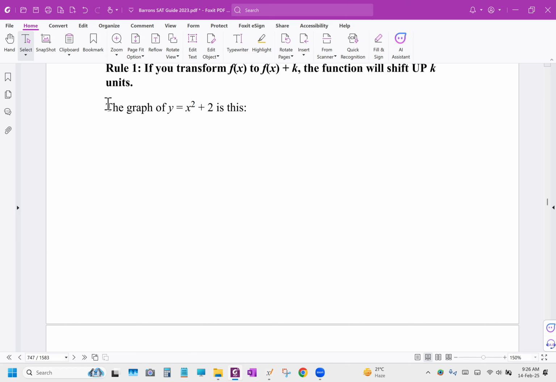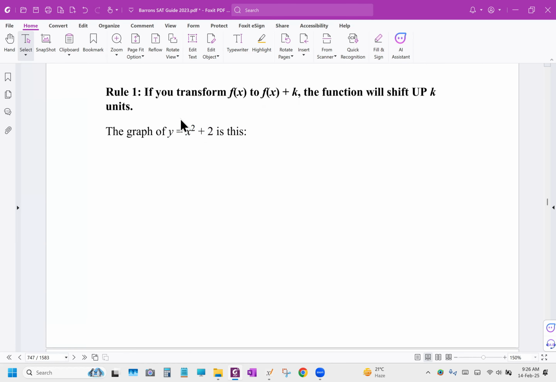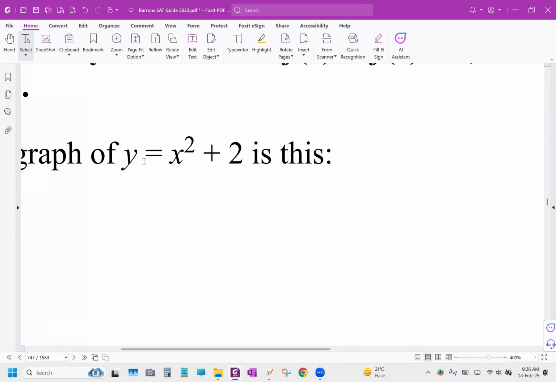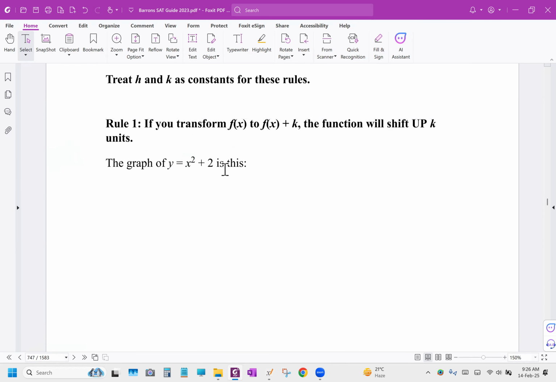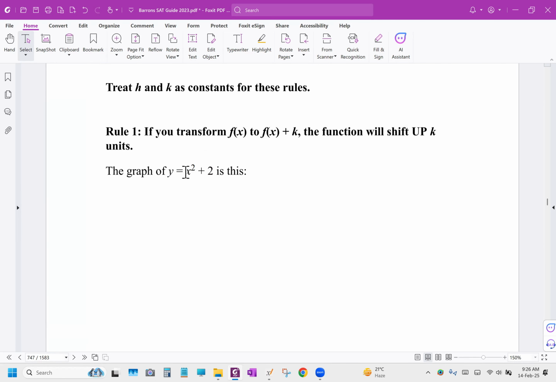You are asked to predict what thing we can do to shift up this graph k units. The answer is we need to add the amount of units we are interested to shift it up.